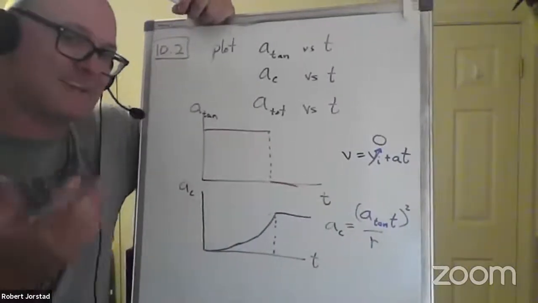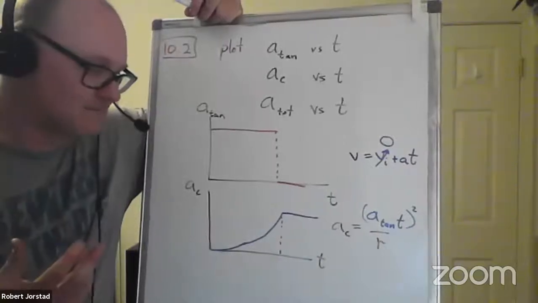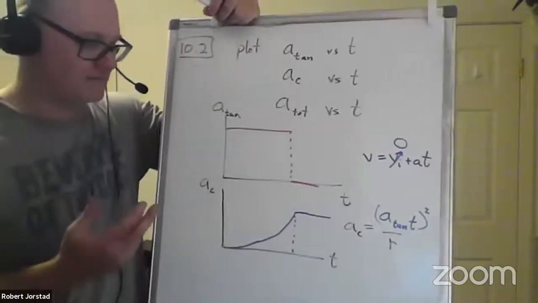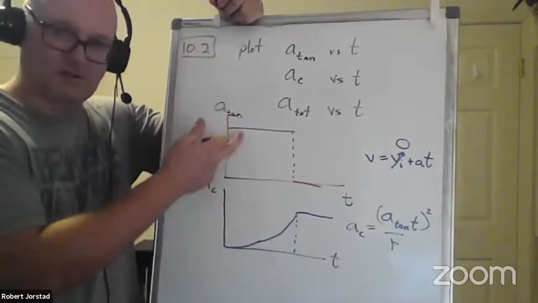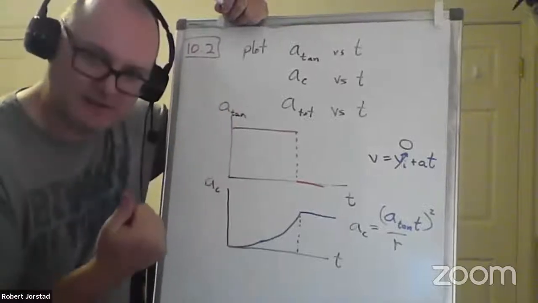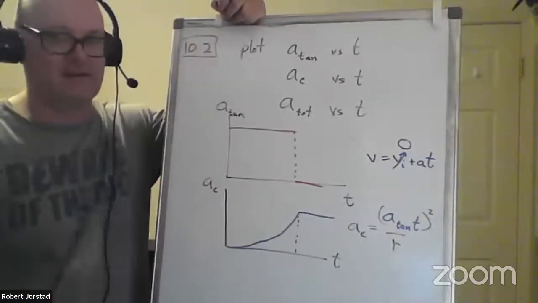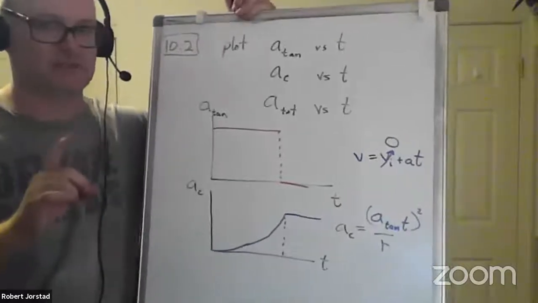So then what would A total look like? These numbers squared plus these numbers squared, square root. Where do you think you get the largest amount of total acceleration?